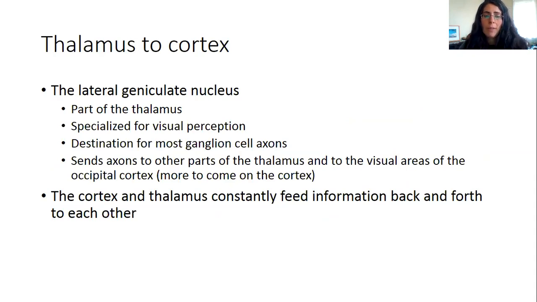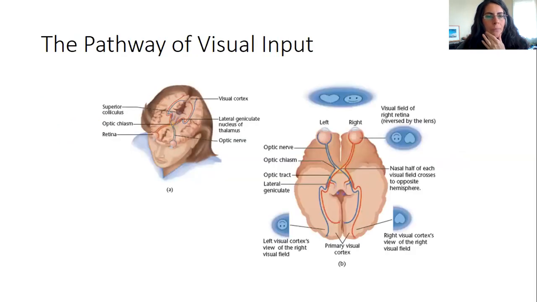And actually, the thalamus receives more information from the cortex than it sends. Our top-down processing, that function of completion, is somewhat informed by this reciprocal communication. Here's a figure so that you can see the pathway for visual information.